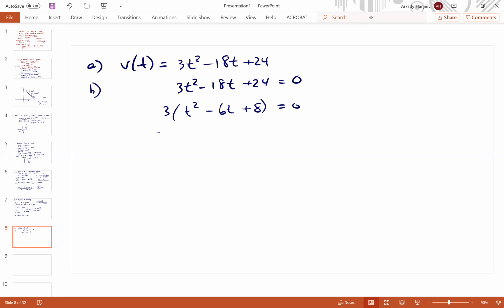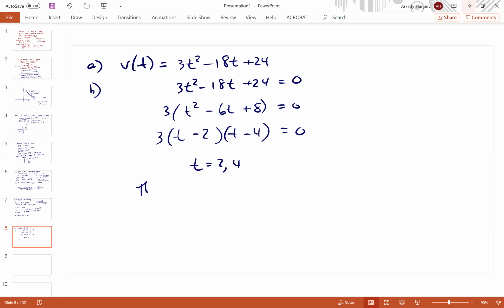Okay, and now I think I can factor nicely. Minus 2, minus 4. So solving it here, I got it. It's x equals 2 and 4.